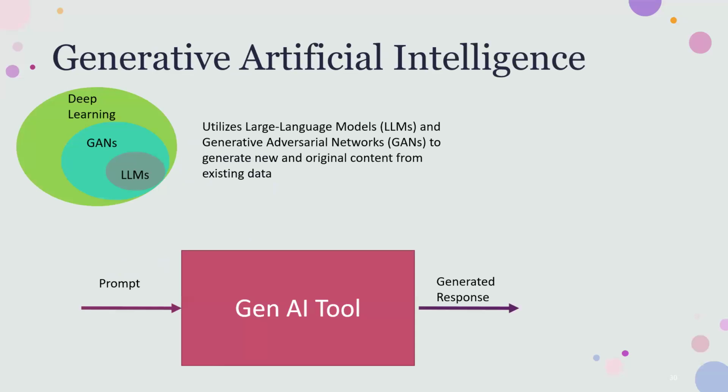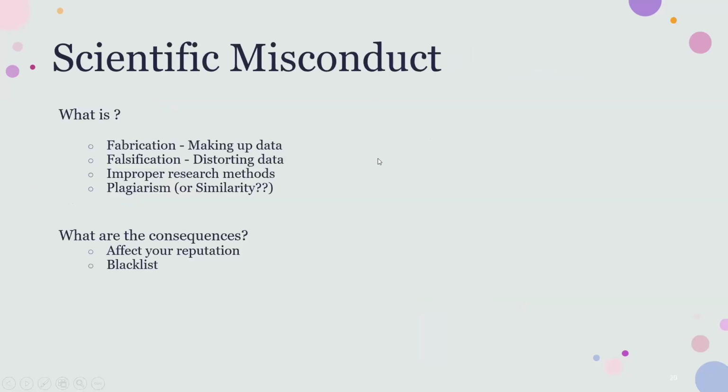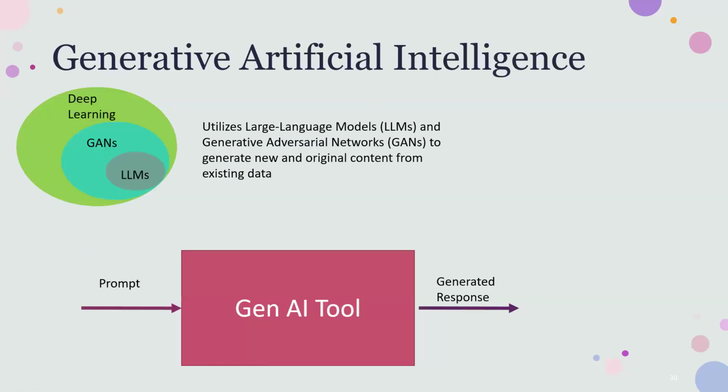With that, it's very important. Now we are going to talk about generative artificial intelligence, generative AI tools. I kept it as the next section after scientific misconduct because some of the coming content is relevant to this.